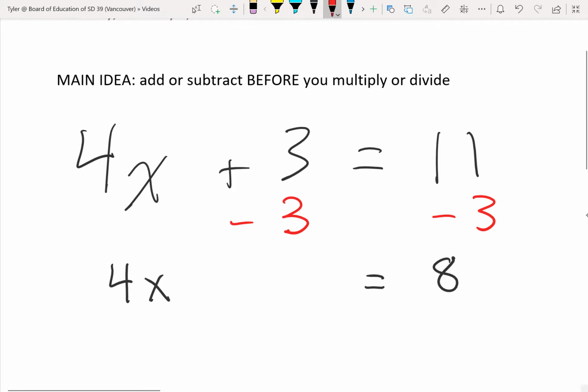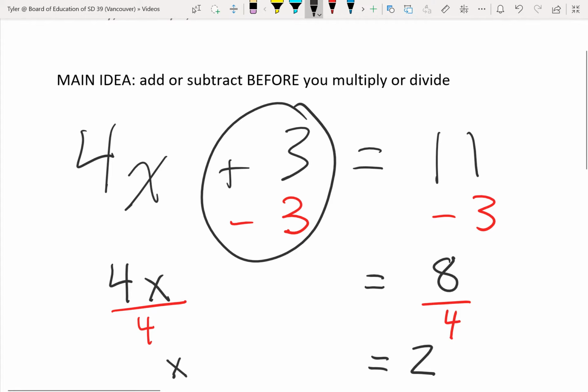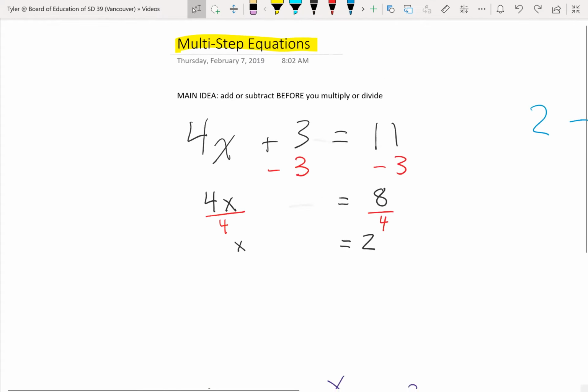Well, it's multiplication, so to get rid of it, I'm going to divide. So when I divide this, it becomes x, and then this becomes 2, and that's my answer. x is equal to 2. So as you can see, when we did the subtraction first, it actually worked a lot easier.